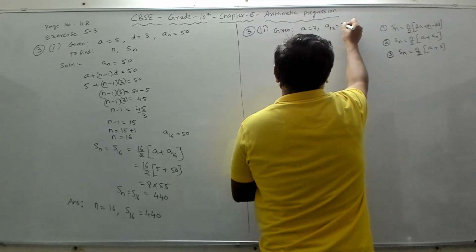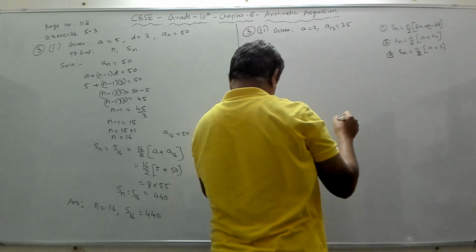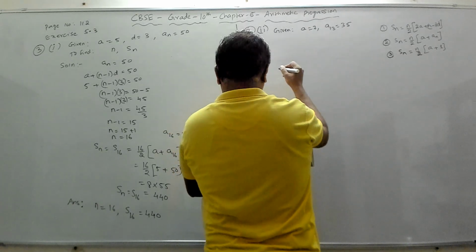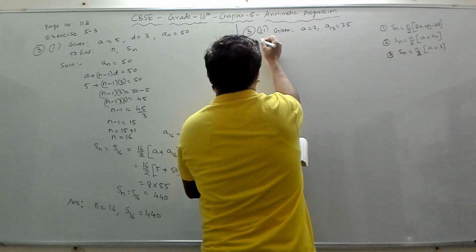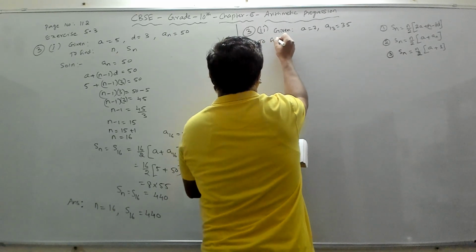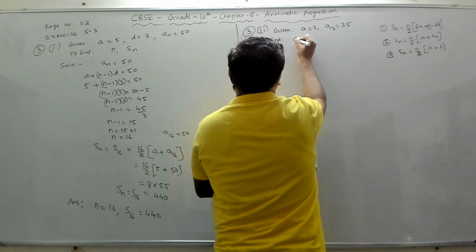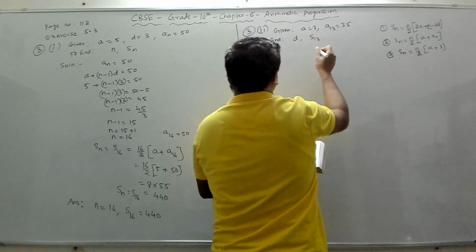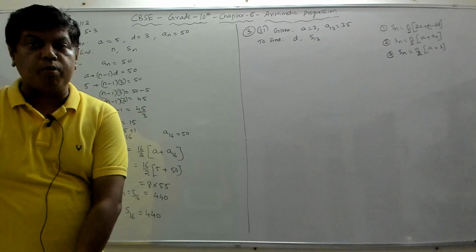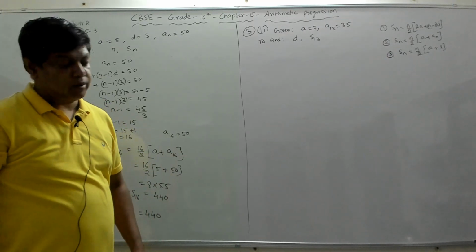We have to find D and S13. What is D? D is the common difference, and S13 is the sum of the first 13 terms.